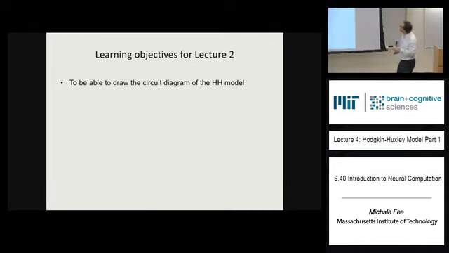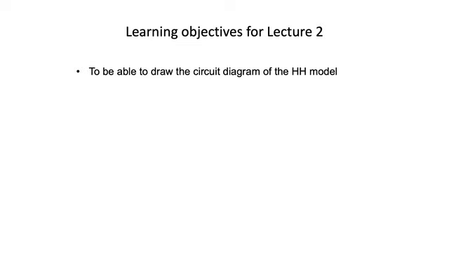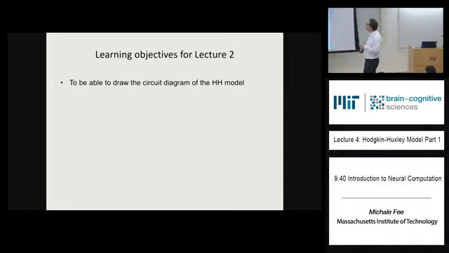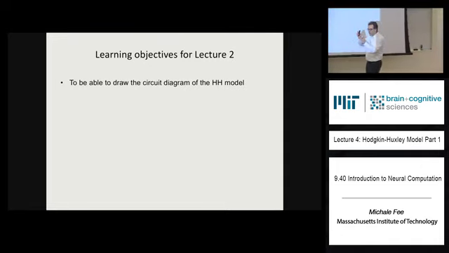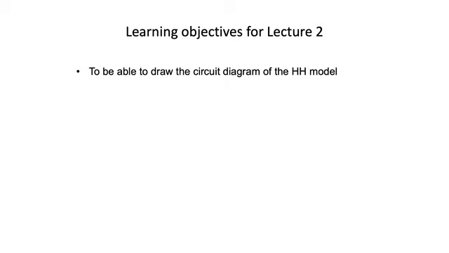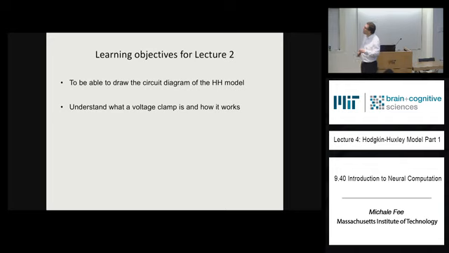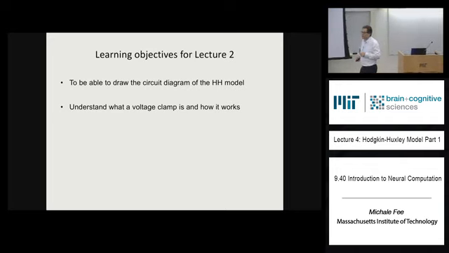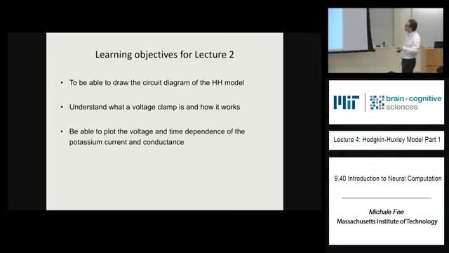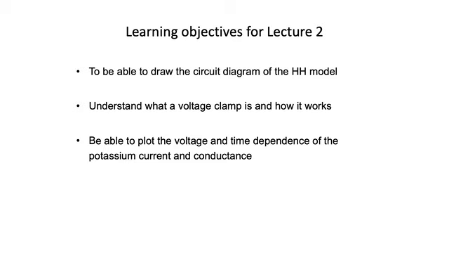Okay, so here are our learning objectives. I'd like you to be able to draw that circuit diagram, not worrying about the long and short sides of the battery. We're going to talk about how we measure the properties of ion channels. That's called a voltage clamp, so I want you to be able to describe what that is. I'd like you to be able to plot the voltage and time dependence of the potassium current for today.